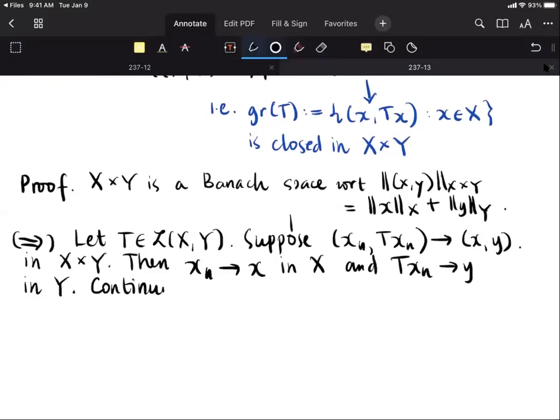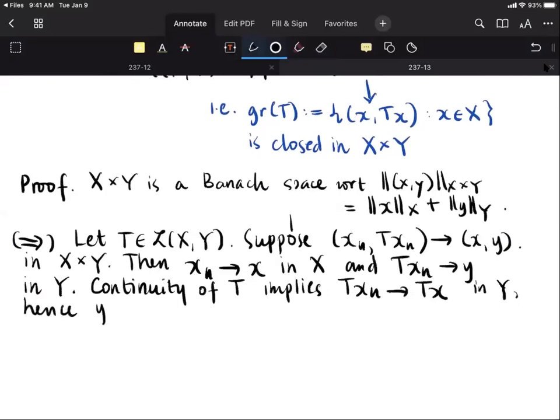Continuity of your linear operator T implies that Txn tends to Tx in Y. Hence, the uniqueness of limits in Y implies that y is equal to Tx.